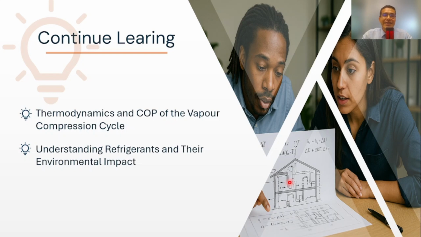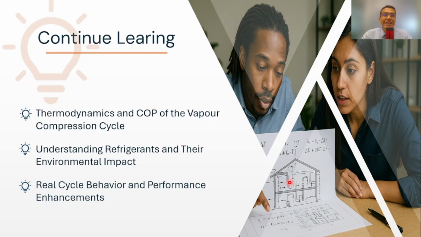We'll compare their thermodynamic properties, safety classifications, and environmental impact, including ozone depletion and global warming potential. Finally, we'll examine real system behavior and explore how to improve performance using enhancements like subcooling, superheating, and smart controls. Each step deepens your understanding of how these systems function and how they are optimized in the HVAC industry. Let's continue your journey.